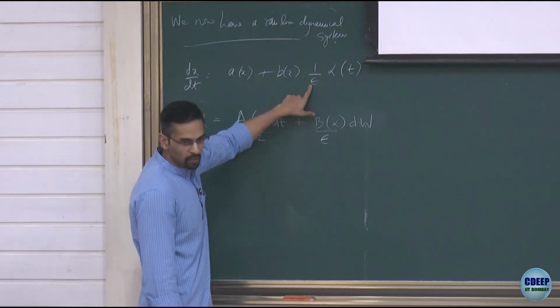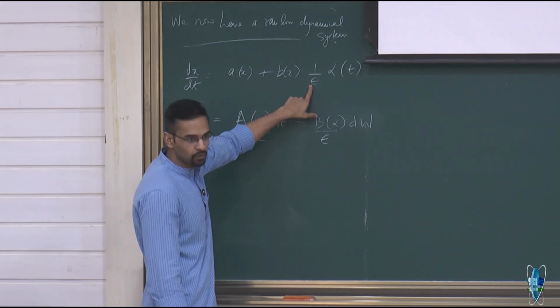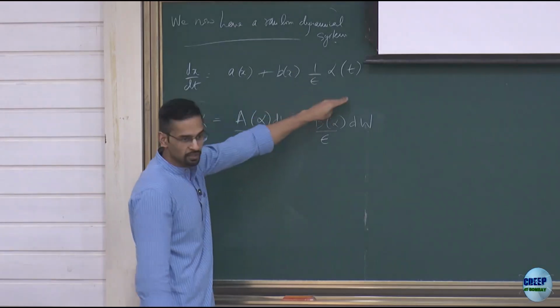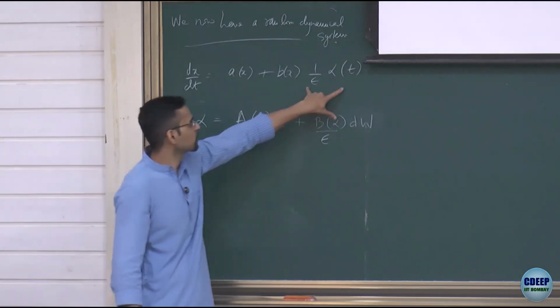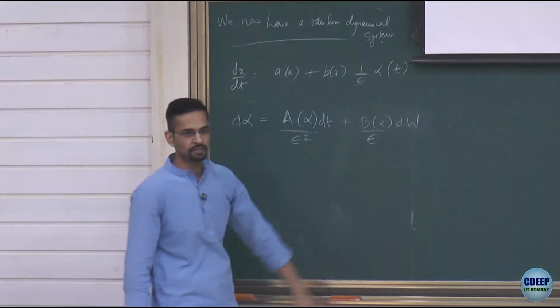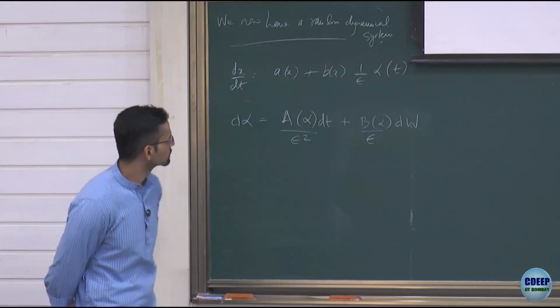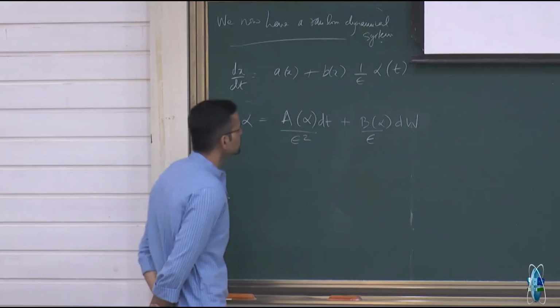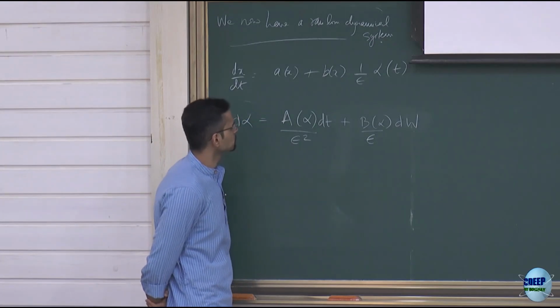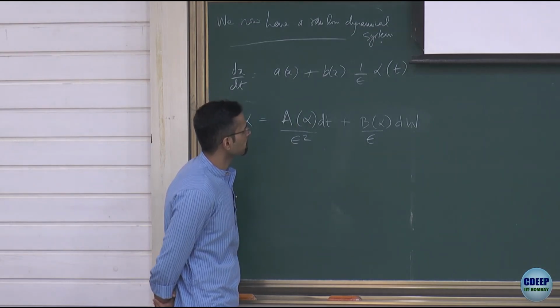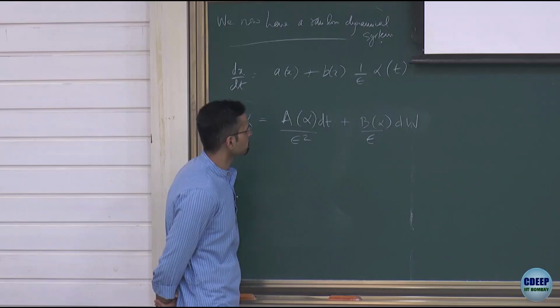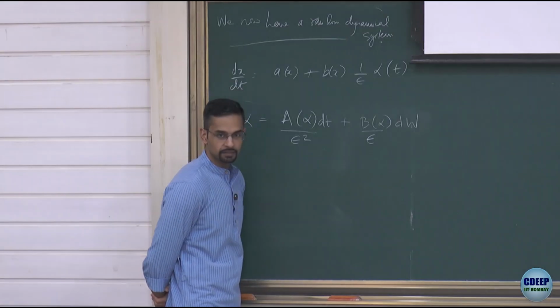And then this 1 by epsilon corrects for the amplitude with that root t behavior, so that the white noise does not go to 0 but gives me a finite contribution. Otherwise, this term will not be white noise. It will just become 0 in the mean, in terms of its effect. Okay, is this clear?